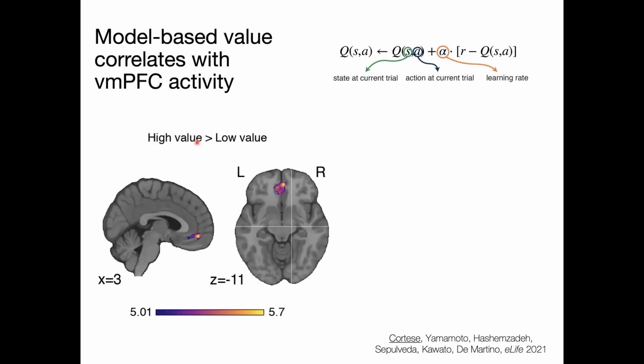If you run a simple model-based value analysis across the whole brain, we see that there is this area in the ventromedial prefrontal cortex that appears strongly related to this value signal.